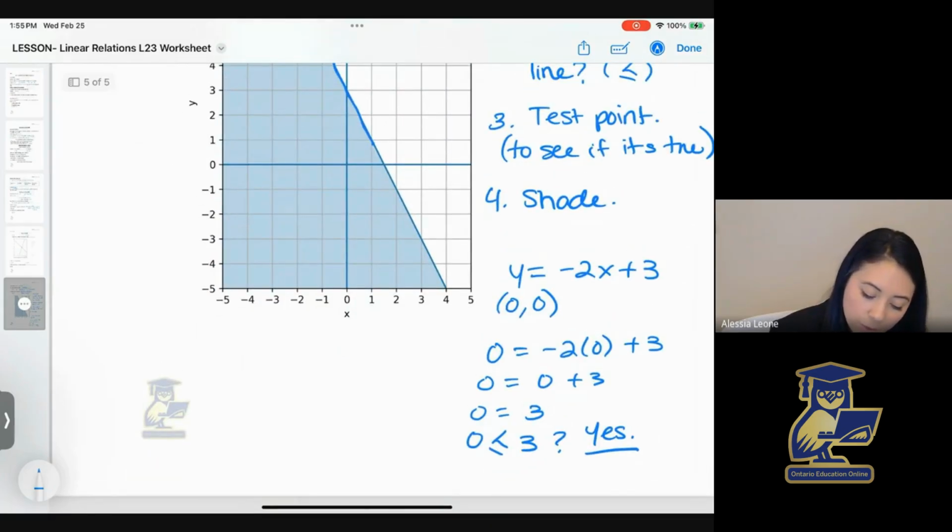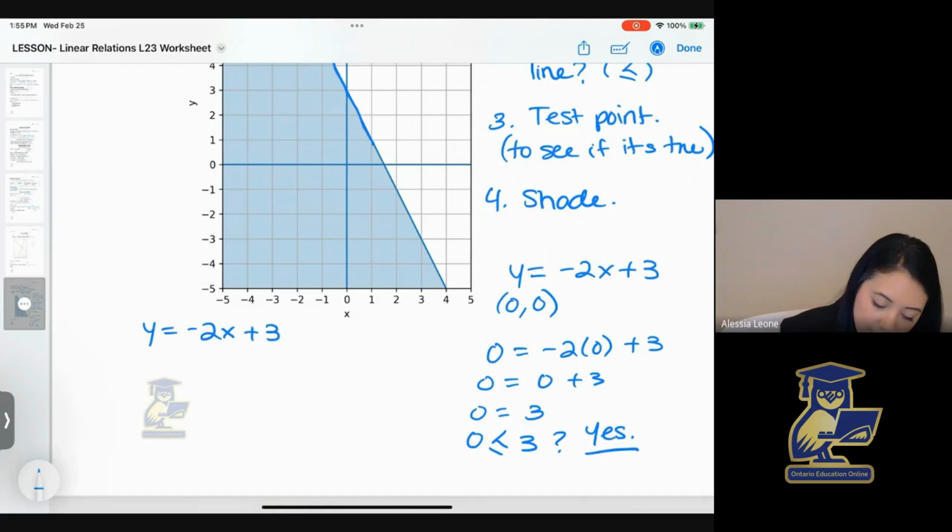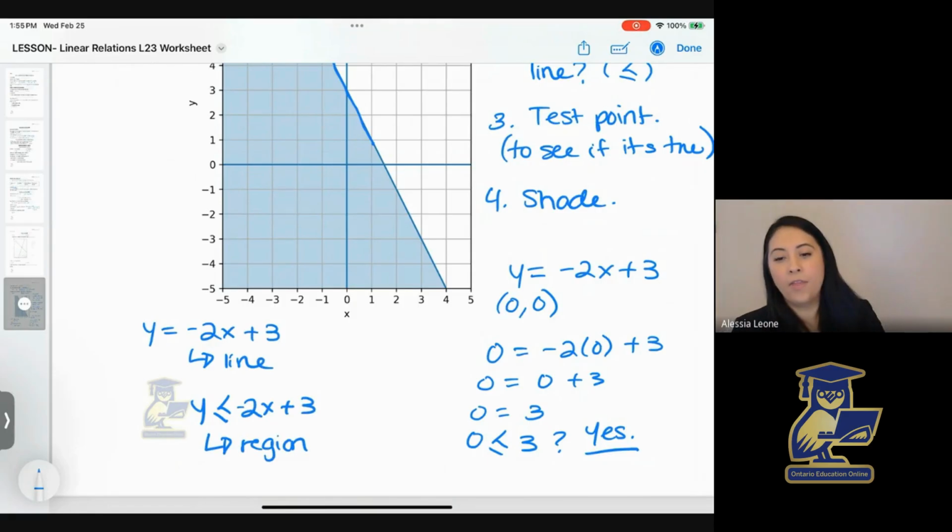Now I want to make a note just over here. When it's in this format, this is our line. That's our line. The y less than or equal to negative 2x plus 3, when it's written as an inequality, that's showing us a region.